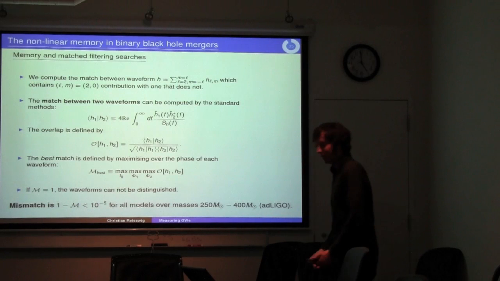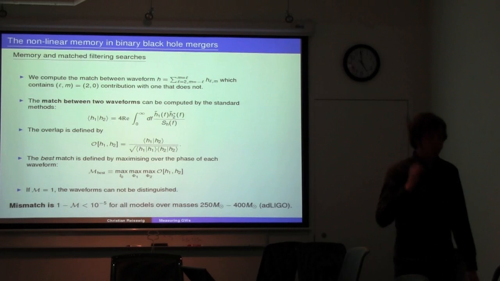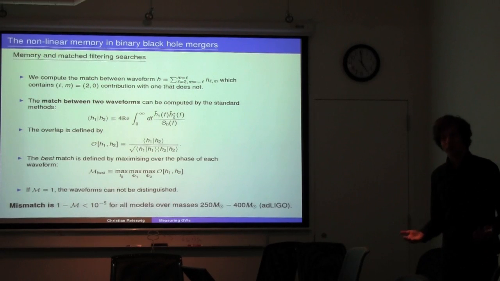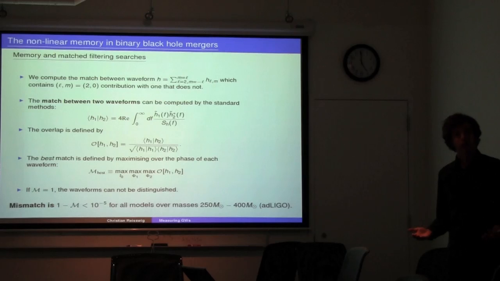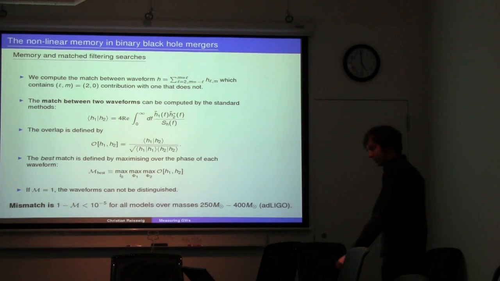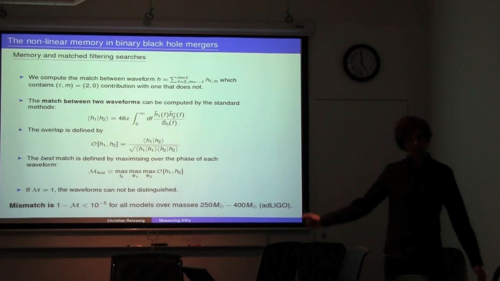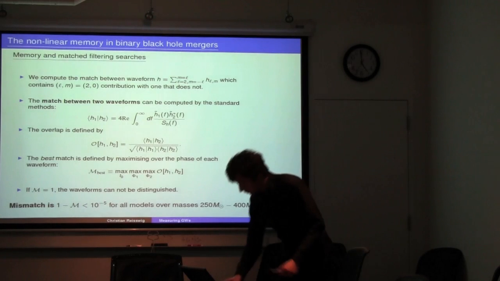And finally, you can also ask yourself, does this actually have any influence on matched filtering searches? Usually you only take the L2M2 mode and try to match that against your detector signal. But we have seen that for certain angles, the L2M0 mode has some significant contributions.